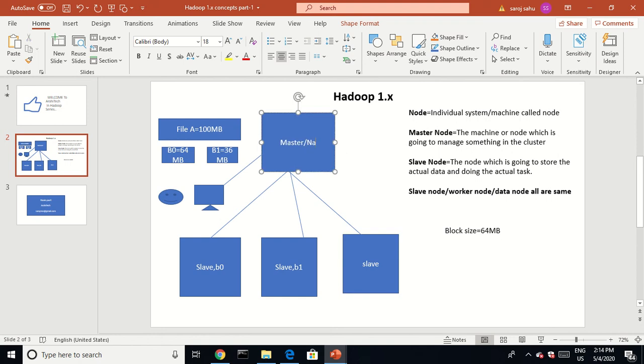Why we call it name node, we'll discuss later. And the slave machine is called a data node. Why we call it a data node, that we'll discuss further.